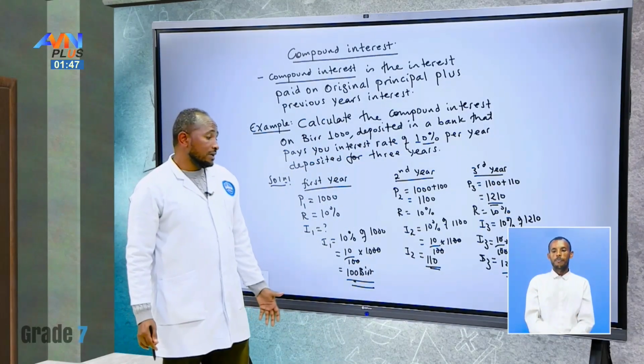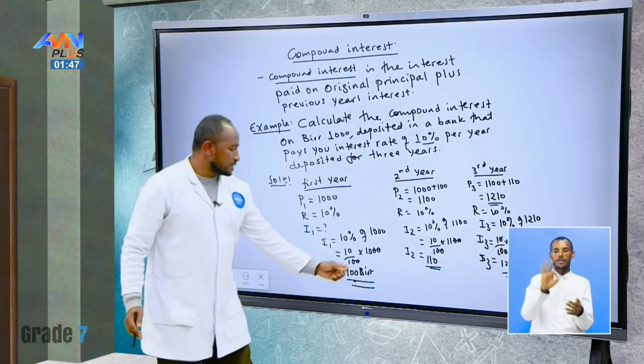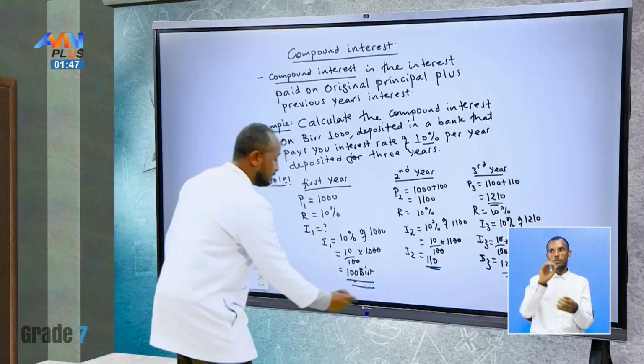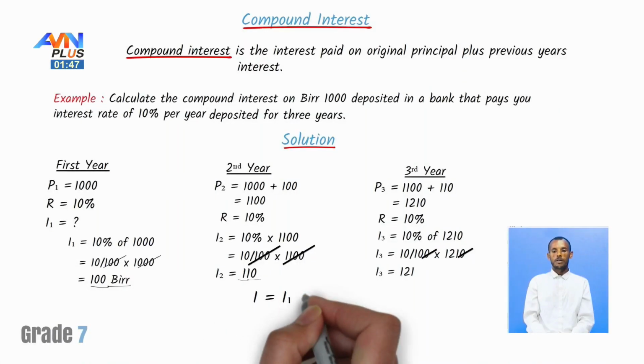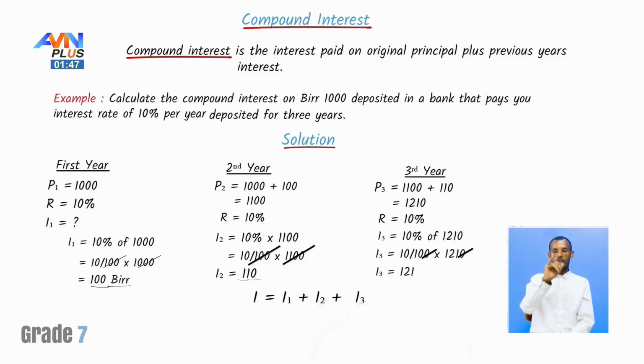So finally, the total interest throughout 3 years will be the sum of these interests. I will be equal to I1 plus I2 plus I3.